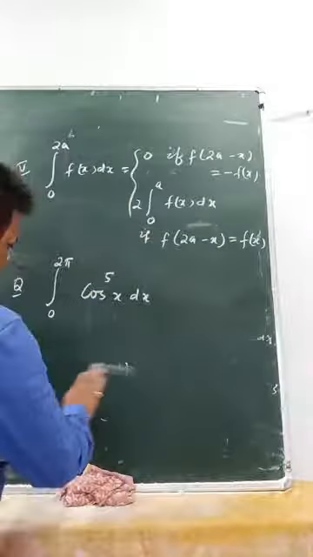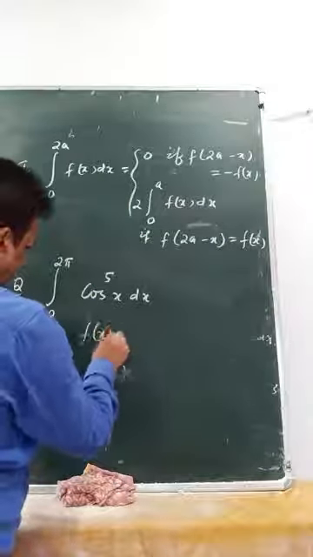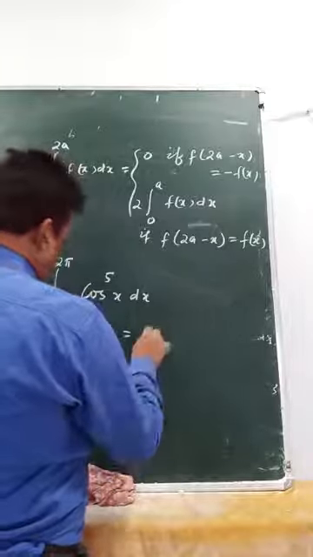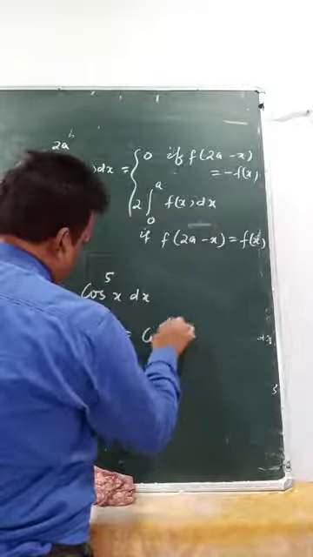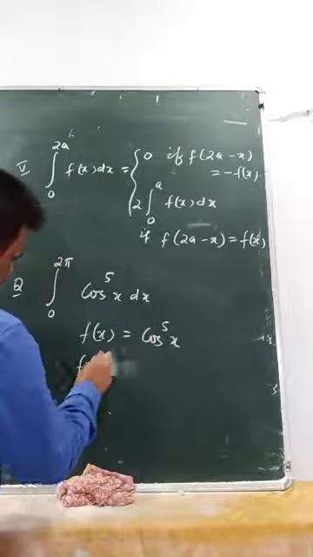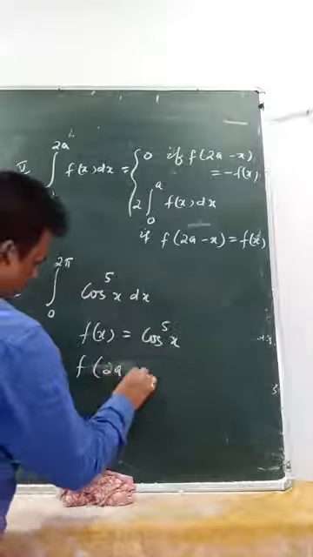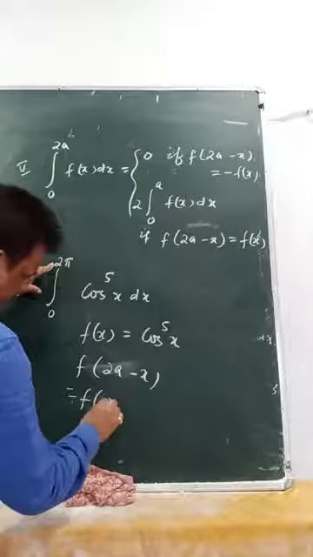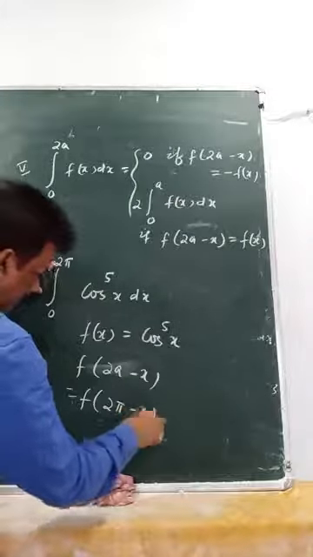Now, what is your f(x)? f(x) is cos 50x. f of 2a minus x. What is 2a? Not 2 pi. f of 2 pi minus x.